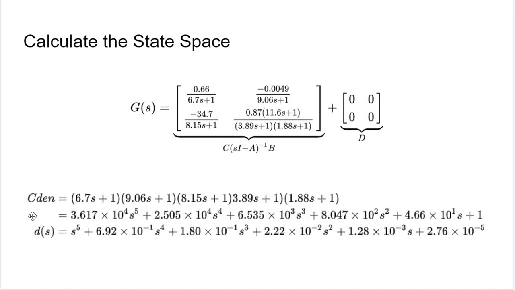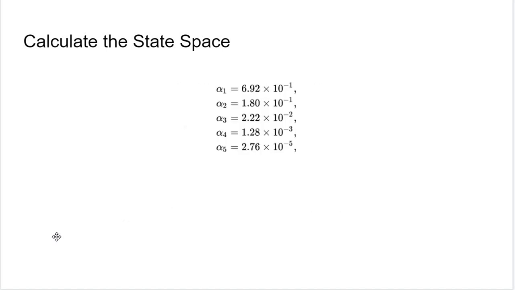Then I divided my common denominator by the coefficient of the s to the power 5 term, and I ended up with a polynomial like this for D(s), and my alpha values are something like this.